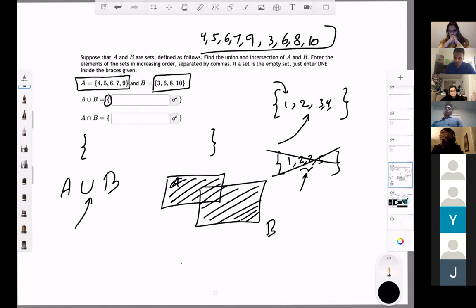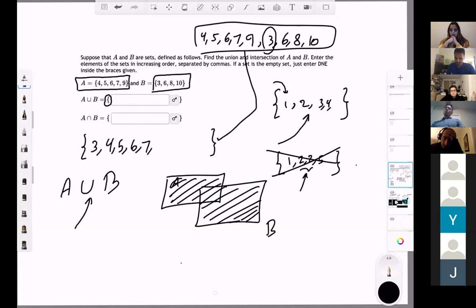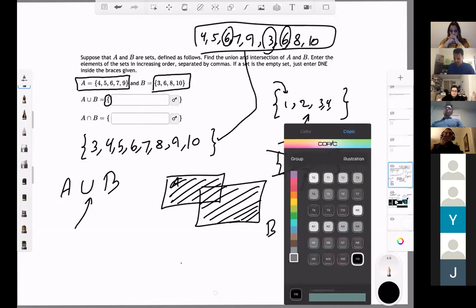So we need to put this inside of the set notation, but because sets have some rules, we start with the smallest one, which is 3, correct? So we're going to have 3, then 4, then 5, then 6, 7. There are 2 sixes here, but we get only one of them. 7, 8, 9, and 10. So this will be the answer for A union B.